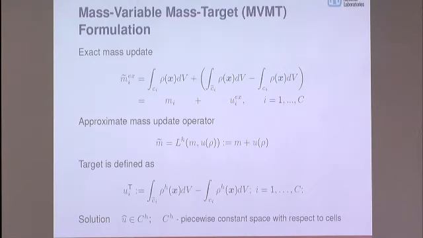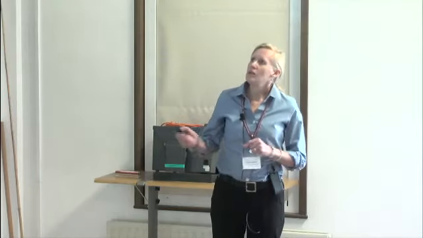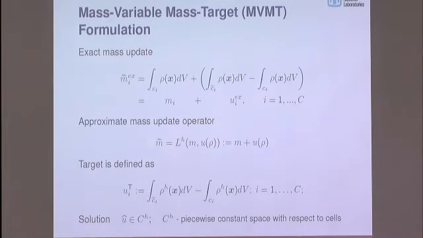So the way we're going to implement this optimization is a formulation we call the mass variable mass target. If you consider an exact mass update, the exact mass in the new cell, M tilde, is actually equal to the exact density integrated over that new cell, C tilde. But if we add and subtract the mass on the old cell, we get an equation like this, where the exact mass is equal to the mass on the original cell plus some mass difference.